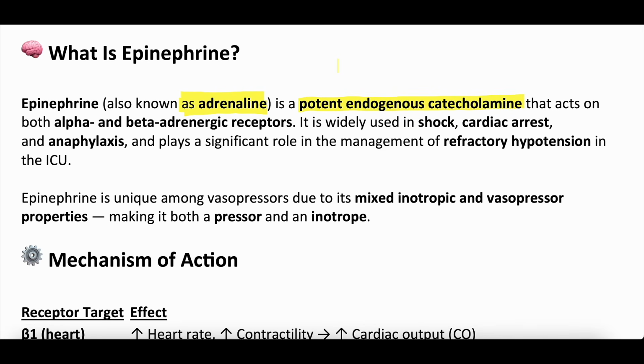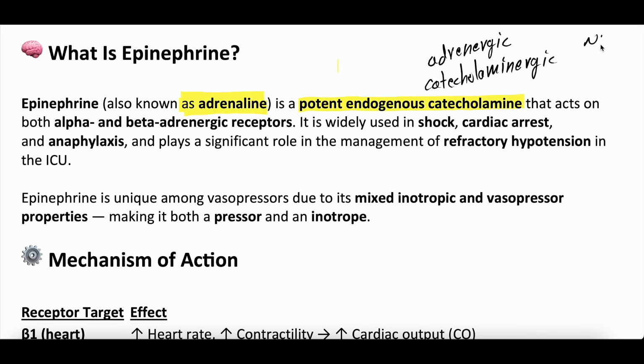When we're talking about vasopressors, if you've checked out any of our other past vasopressor videos, you'll hear us talk a lot about catecholamine or catecholaminergic or adrenergic. All these are synonyms for vasopressors that work on catecholamine receptors.